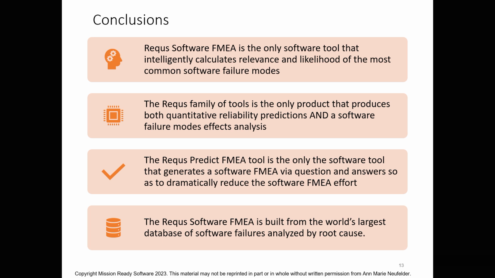And it does so before the code is written, which is very important. The Requs Predict FMEA tool is the only software tool that will automatically generate large portions of the software FMEA just based on a question and answer session. It is built from the world's largest database of software failures that have been analyzed by root cause.